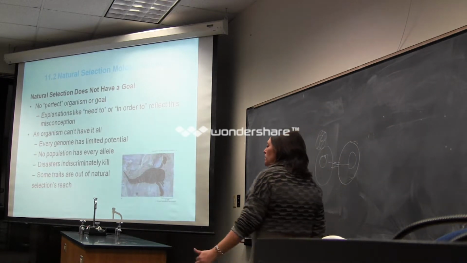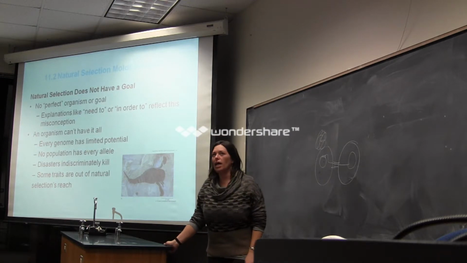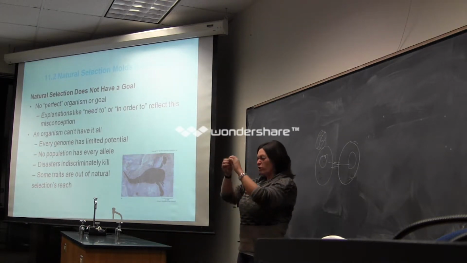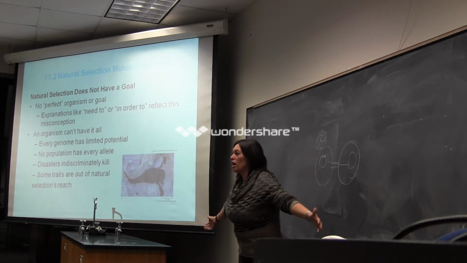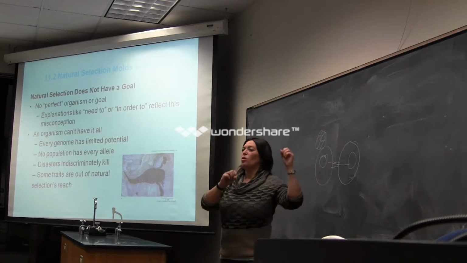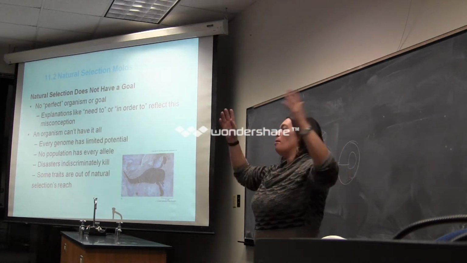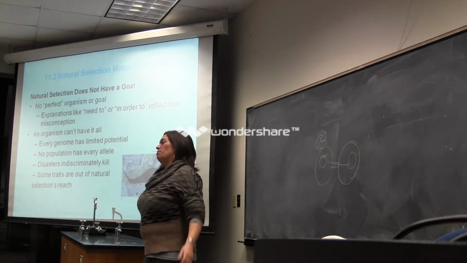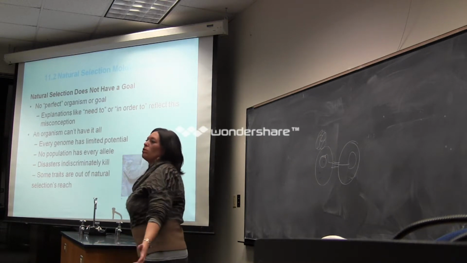But the point of natural selection is that there's not a goal of natural selection. It's not like we're trying to make the perfect organism for a set of conditions, because the conditions are always changing. We've got droughts, comets coming in, the ozone depleting, glaciers melting. There's all sorts of stuff changing around the world all the time.